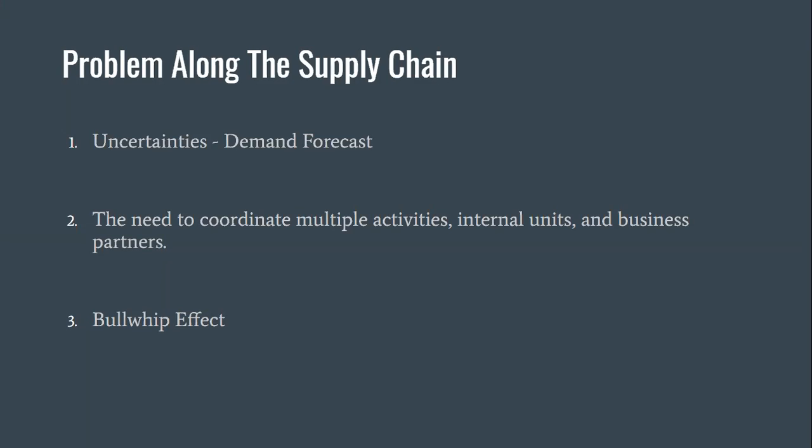If each level does that, then at the end of the supply chain, at the production of the supplier, there will be much more inventory or stock created than the real demand underlying the transactions. That is the bullwhip effect. Can you understand the concept? Next.